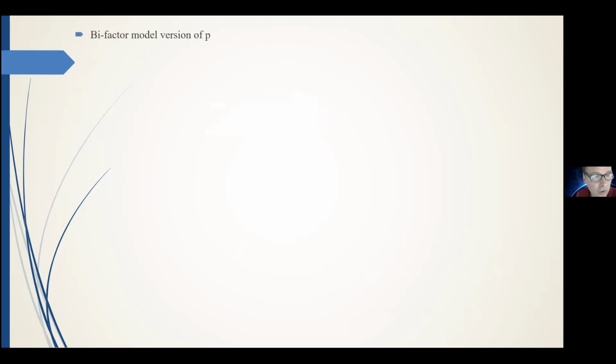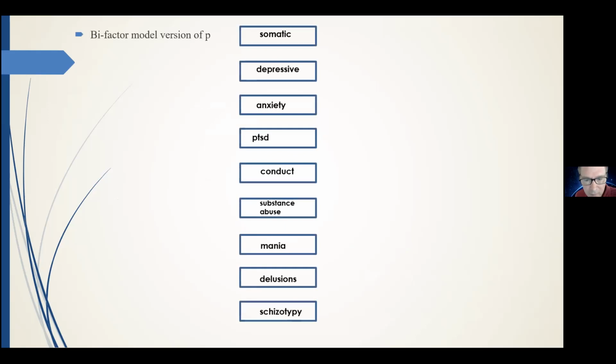So let's look at one factor analytic model of P, currently the most popular version. It's called the bifactor model of P. We have different classes of symptoms: somatic, depressive, anxious, PTSD, conduct disorder, substance abuse, mania, delusions, and schizotypal.